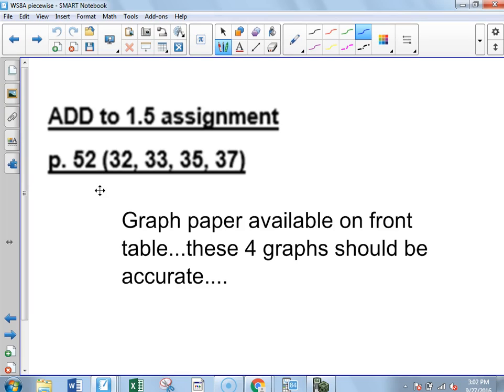These need to be nice, accurate graphs of piecewise functions. So therefore, up in the green bin at the front of the room is all kinds of graph paper. Help yourself. I don't care if you take 1 per problem, or you can probably fit them all on 1 sheet, but I don't care. Take 2, 3, 4 sheets of paper, okay? So you have some graph paper to do these on.